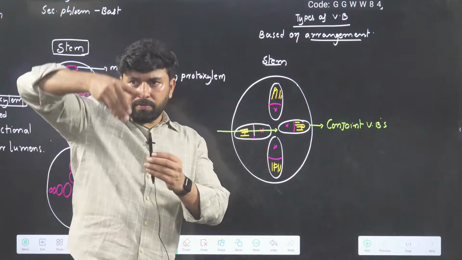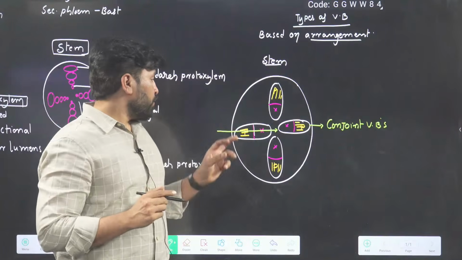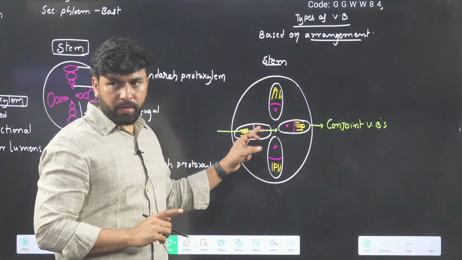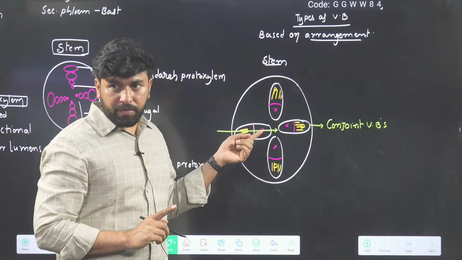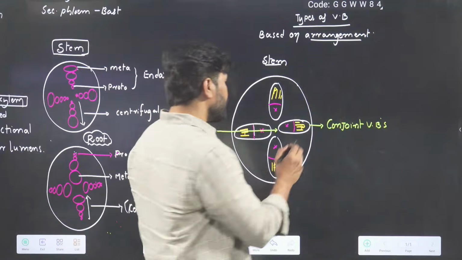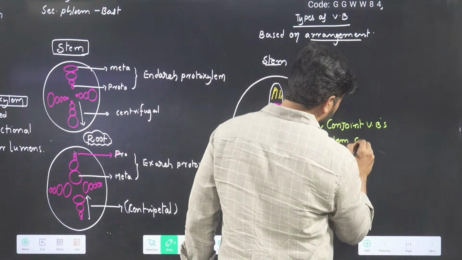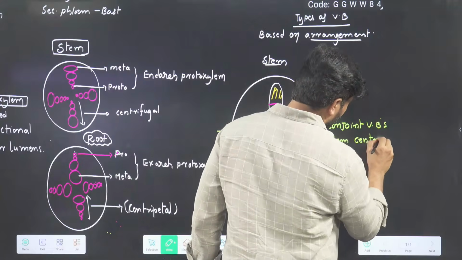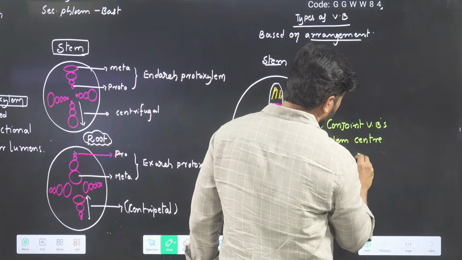In the stem, if I go from one side, first I will encounter phloem and xylem later. Or else, if I come from the center to the periphery, first I will encounter xylem. That means xylem center, phloem periphery.